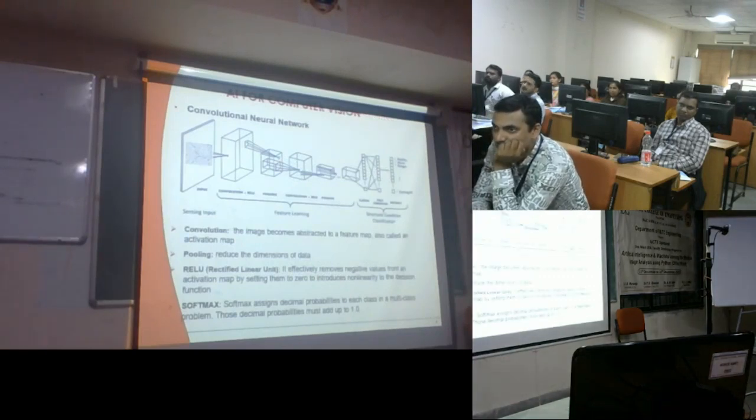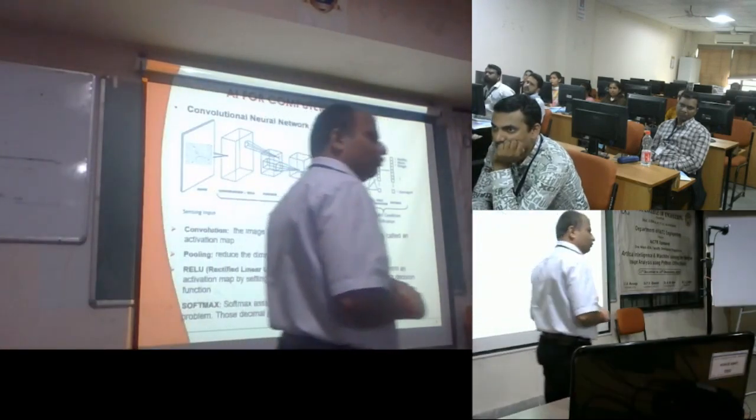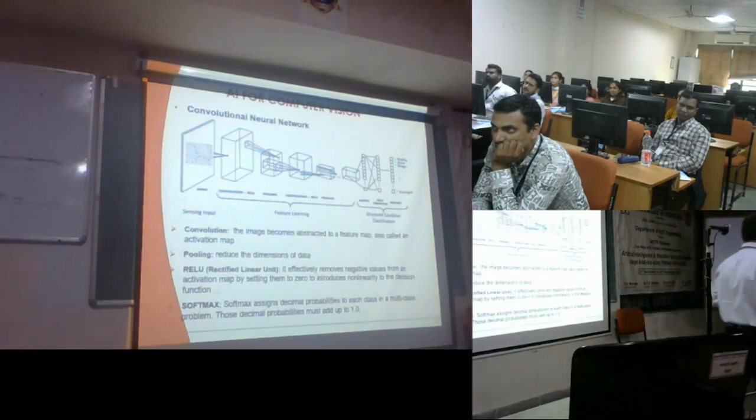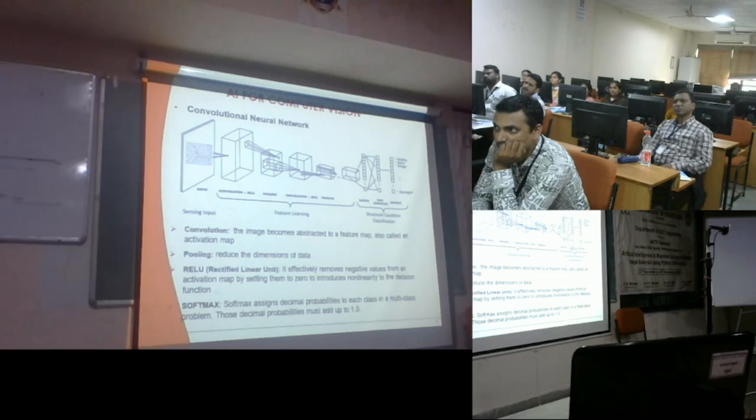Okay, so there is a concept of the convolutional neural network, and that is very important for image processing, because generally images are very large in size, very voluminous. Why?